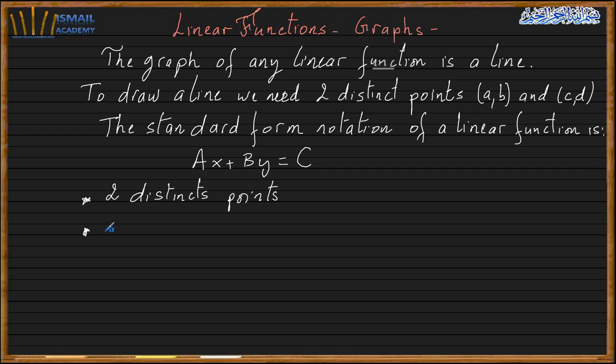The second way we call intercept, which means we use the X intercept, which is a point, and the Y intercept. Those two are the same thing because X intercept is a point and Y intercept is a point.